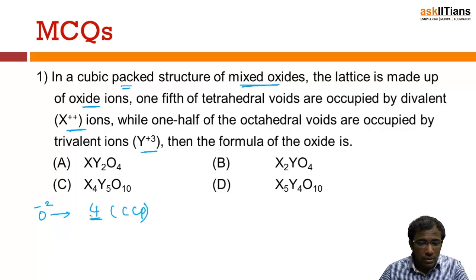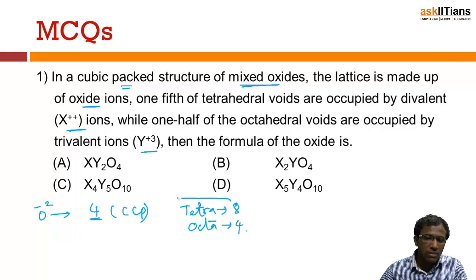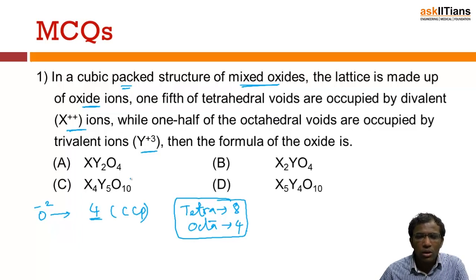So since we have 4 closely packed oxide ions, the number of tetrahedral voids will be double, 8, and octahedral voids will be the same, that is equal to 4.